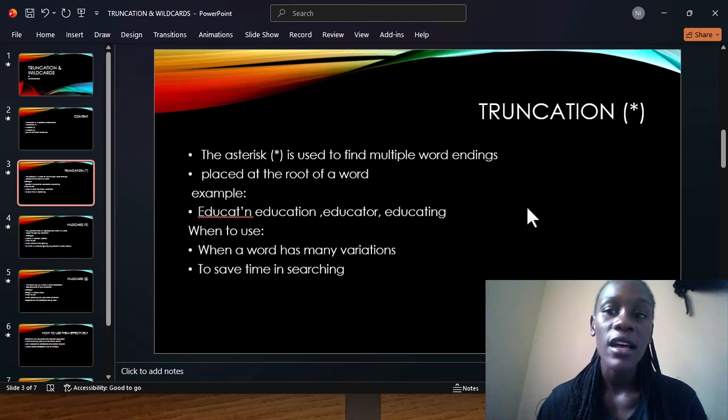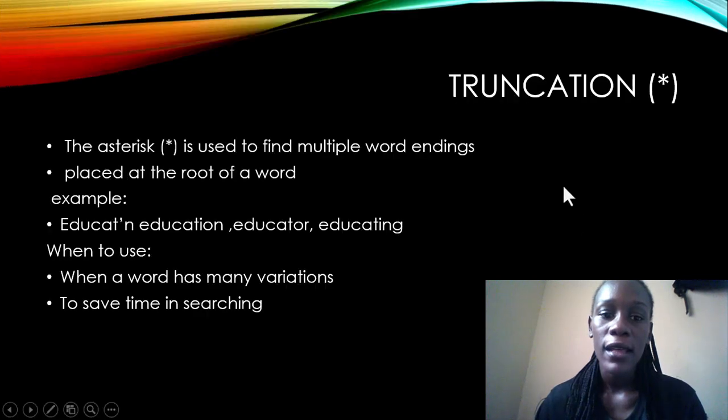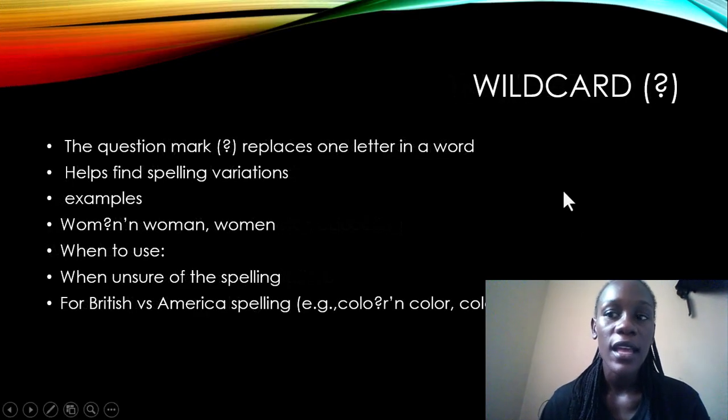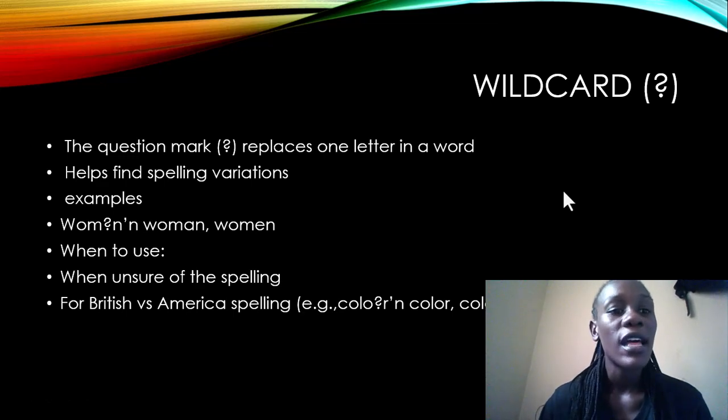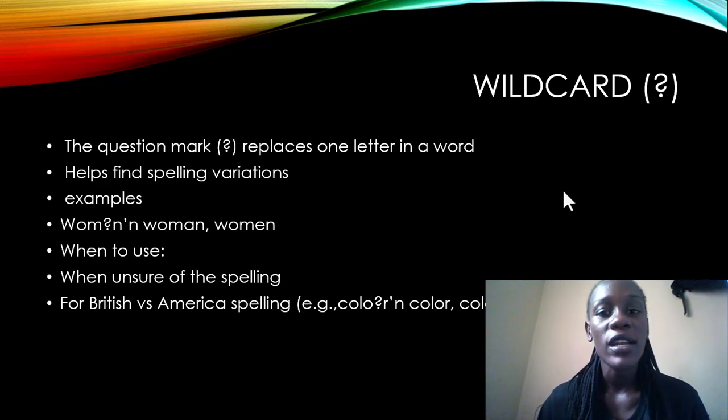Let's have the question mark. The question mark replaces one letter in a word. Helps finding spelling variations.